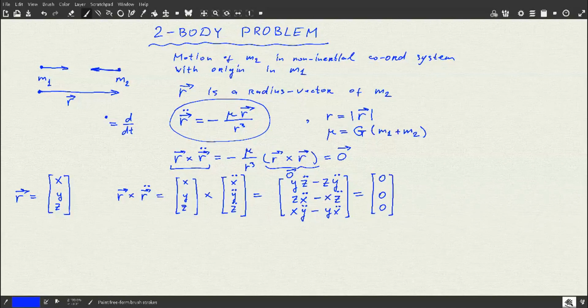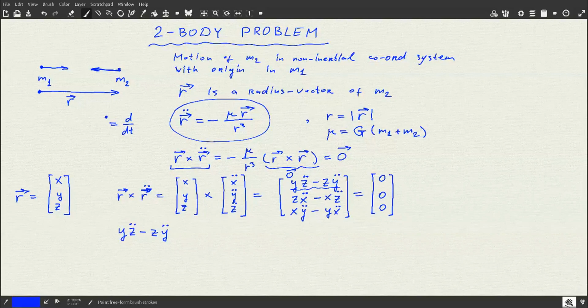Okay, now what does it mean? Let's consider, for example, the first equation. What is y z double dot minus z y double dot?